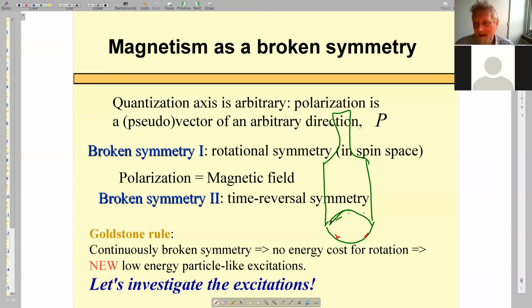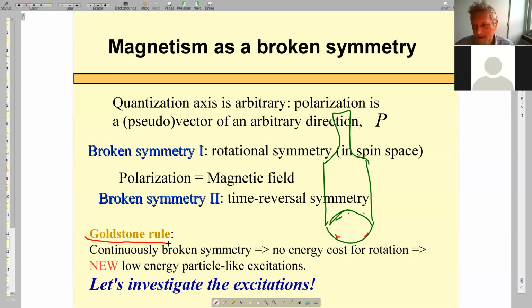Good, and I'm going to formulate a very interesting rule which describes the creation of new particles. It was noticed by Goldstone: if you have such a continuously broken symmetry, you can change the state, paying very little energy for that.